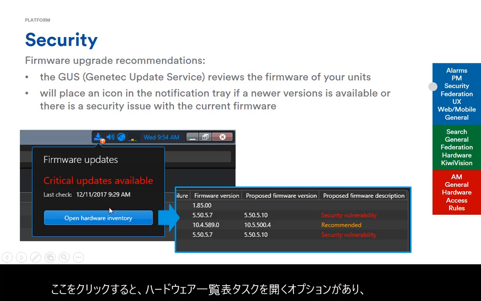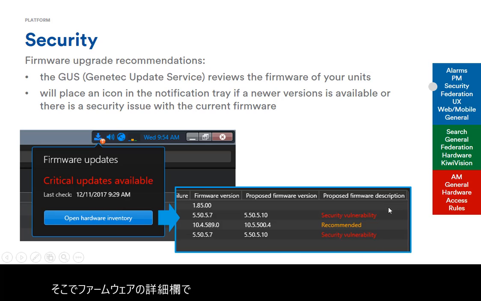If you click on it, you have the option to open the hardware inventory report, and then it's going to tell you the firmware description, so why we want to change the firmware, and the new version that would be recommended to go up to.